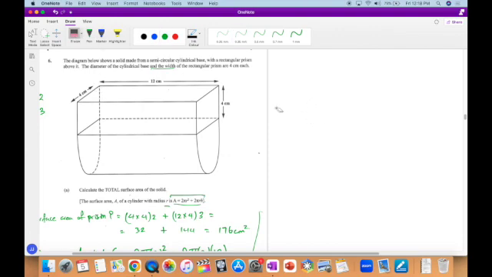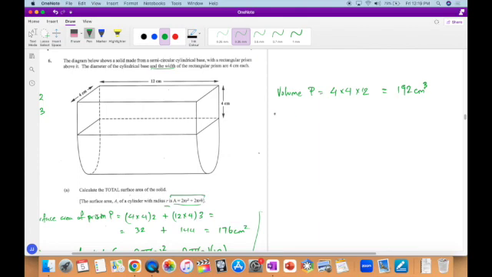The volume of the solid will have to be the volume of the prism first, which will be 4 times 4 times 12, which is 192, and this will be centimeters cubed.